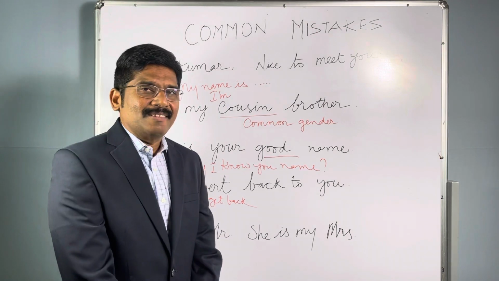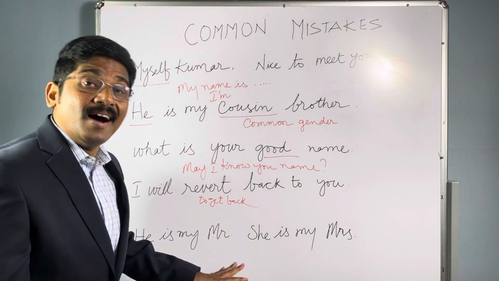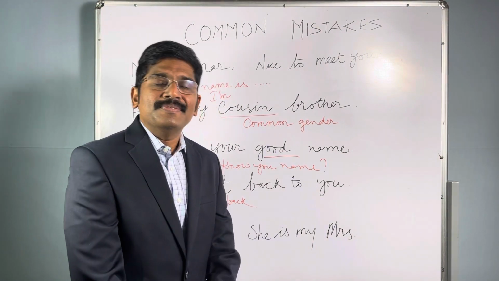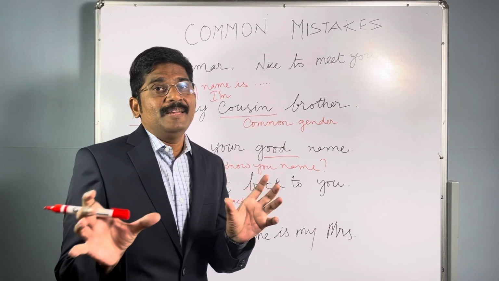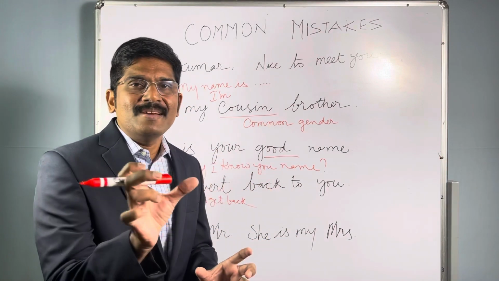This is not actually right. You have to say, he is my husband, she is my wife. But when you are taking the surname or the name, you add it before this in honor of a married woman.